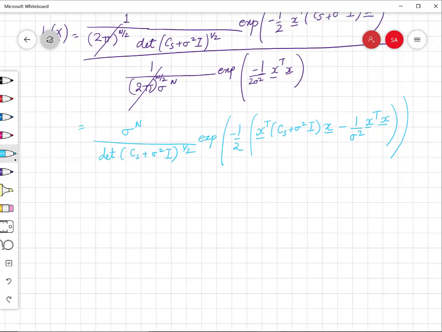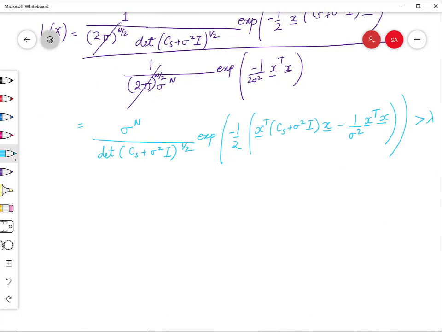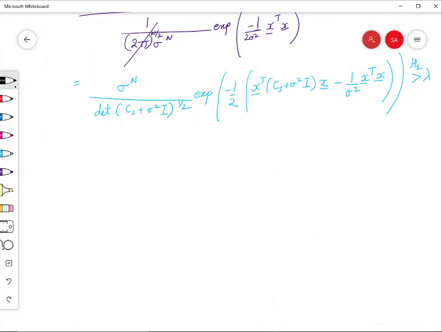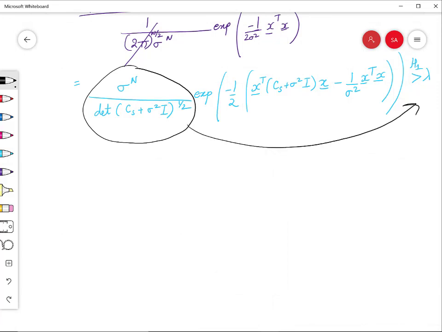Alright, so this is obviously greater than some value lambda for hypothesis H1 to be detected. Let me take this part to the other side and take the log. This is a basic thing that we have been doing. So on the right hand side we get the log of lambda determinant of Cs plus sigma square I power half divided by sigma power n.